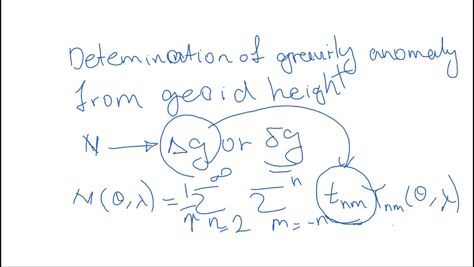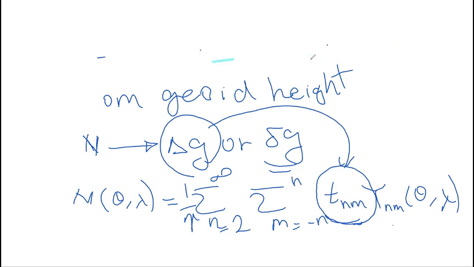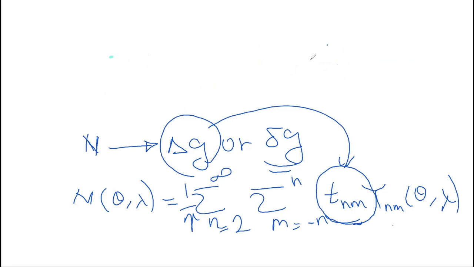Simply, I write the spectral relation between the gravity anomaly and the disturbing potential. We already know that gravity anomaly is (n minus 1) over r times T_nm.